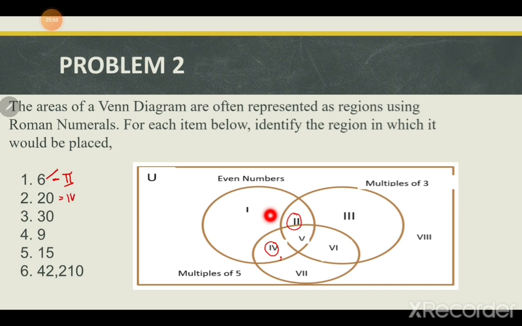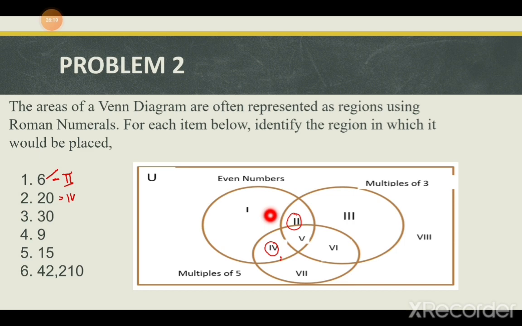And then your 30. Okay, let's classify your 30. Your element 30 is an even number, right? Even number yan. Divided by 2, 15. Tama? Exactly divisible by 2. Next is that it is a multiple of 5, yes or no? 30 divided by 5 is equal to 6, a whole number.